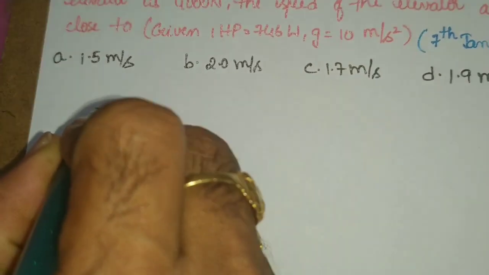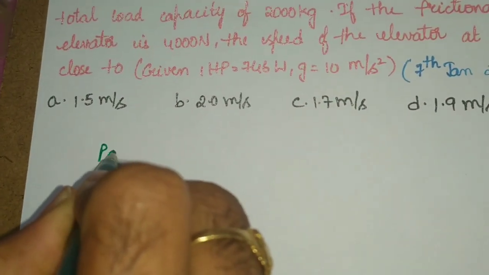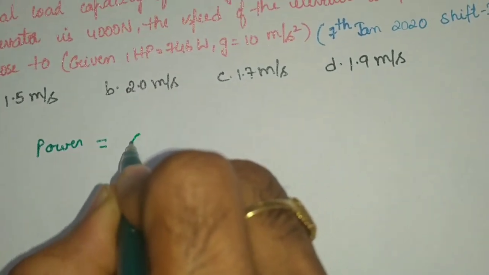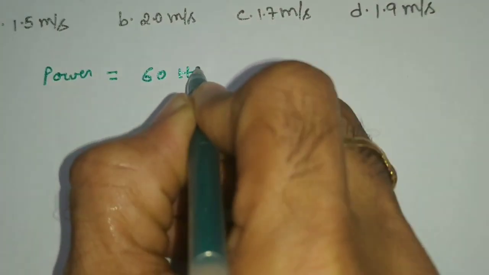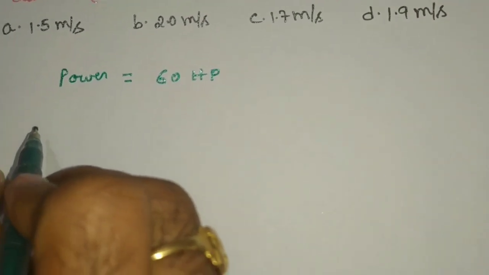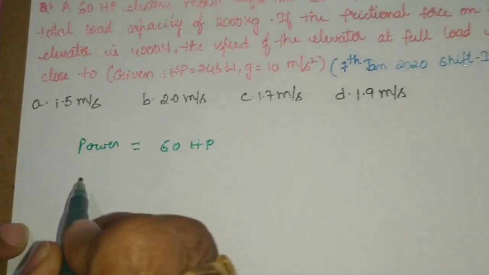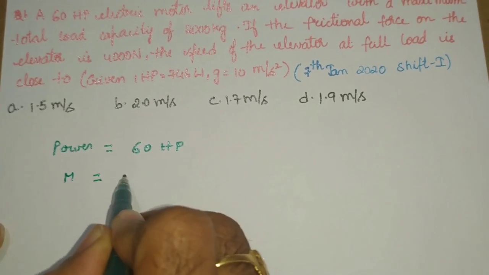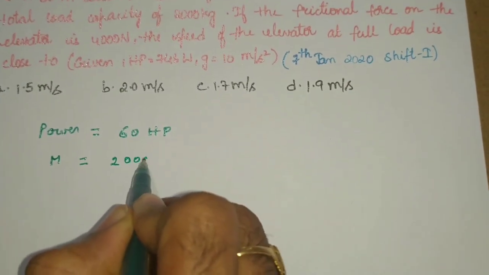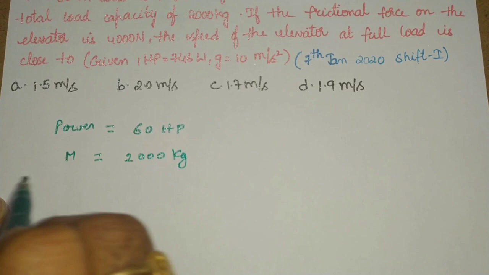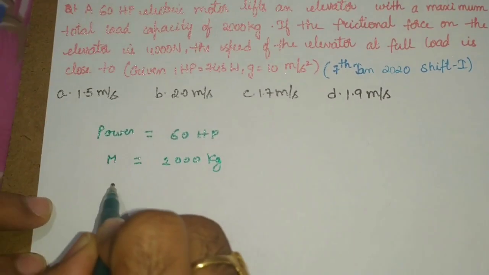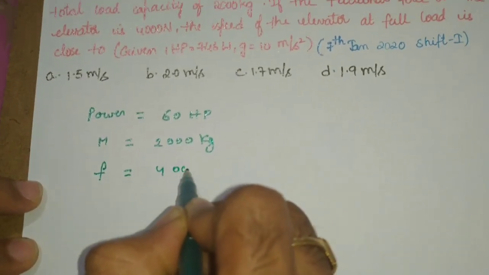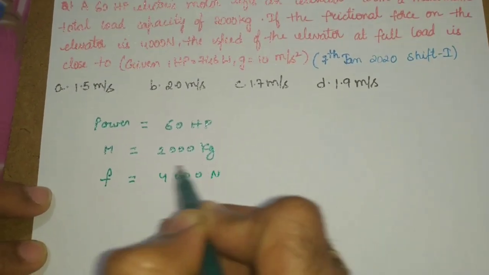So the given data is the power of the elevator is equal to 60 horsepower, the maximum load of the elevator is 2000 kg, and the frictional force acting on the elevator is 4000 Newton.